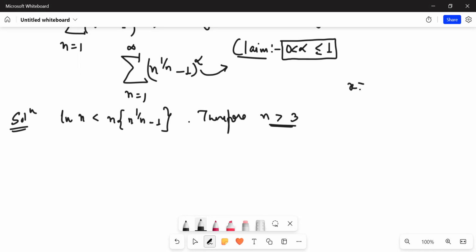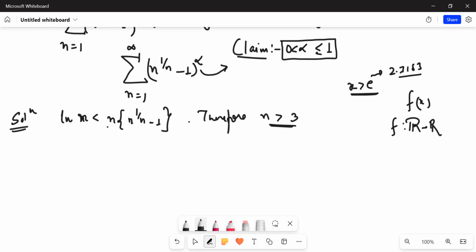Because if x is greater than e, that implies x greater than 2.7183. And now instead of doing all these n, I'm going to write x here. Okay, so I'm going to consider some function f of x, which is defined on real numbers. However, the sequences are functions from natural numbers.